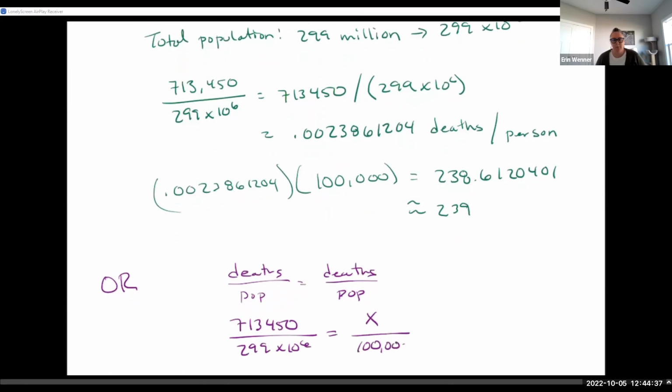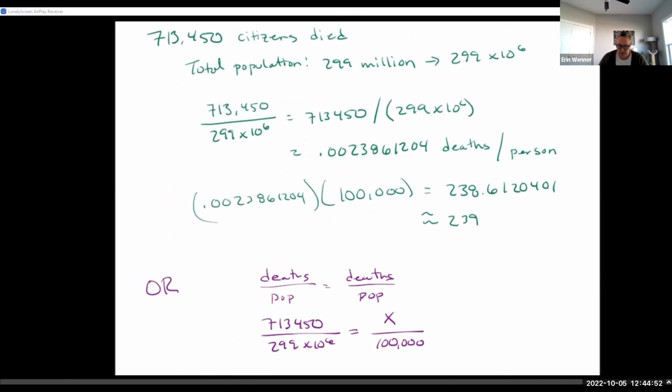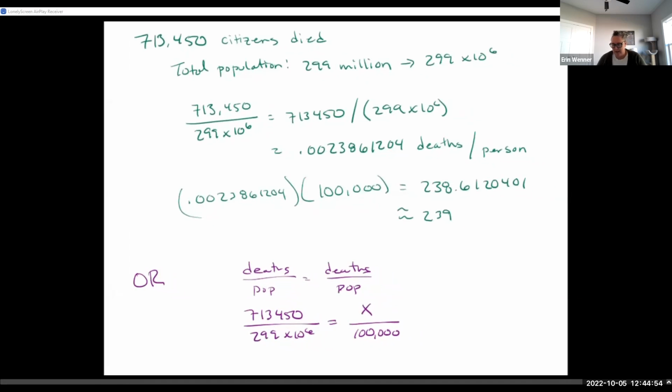You're still ending up with the same process because you would still be multiplying by 100,000 and dividing by 299 times 10 to the 6th. Okay. Either of these setups is going to get you the answer. The first setup, though, the one I have written in green, that's most consistent with what we've been doing in terms of using unit conversions. But setting it up as a proportion would still work too.